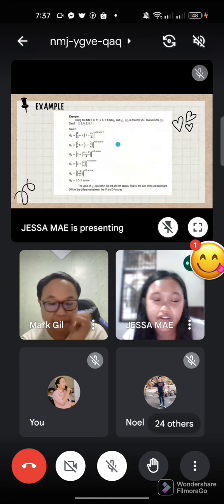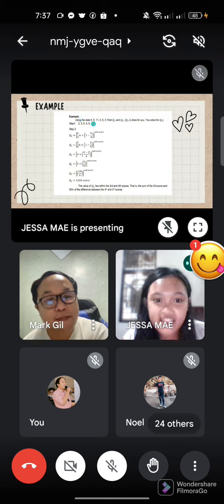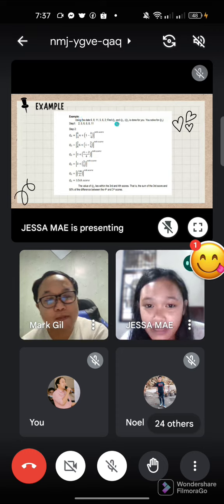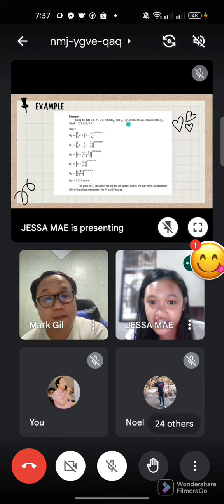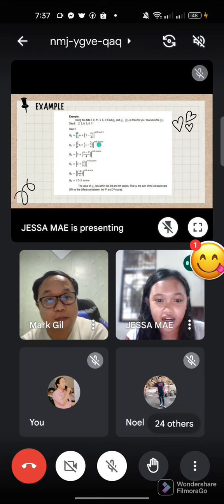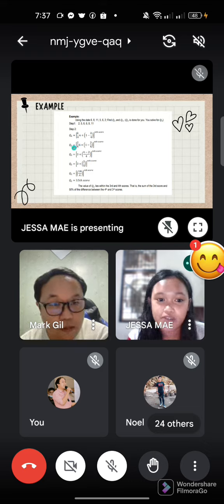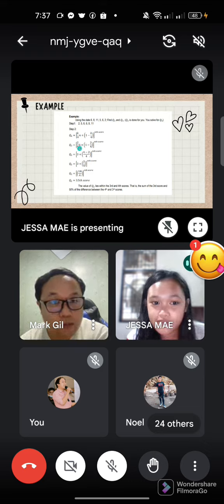First example is using the data 6, 8, 11, 5, 6, 2. Find the quartile 2 and quartile 3. To find quartile 2, using the formula I mentioned earlier, quartile 2 equals 2 over 4, where 2 is the quartile, and 4 is in the formula. The n is 6, the total number.